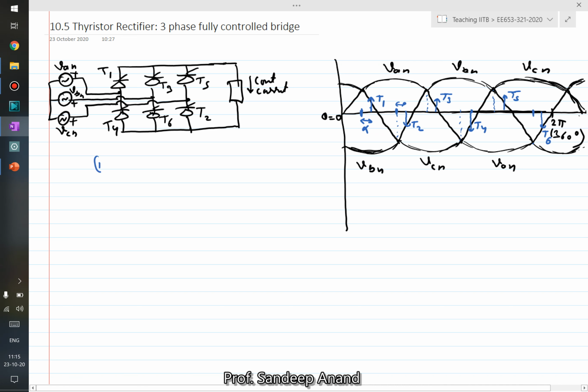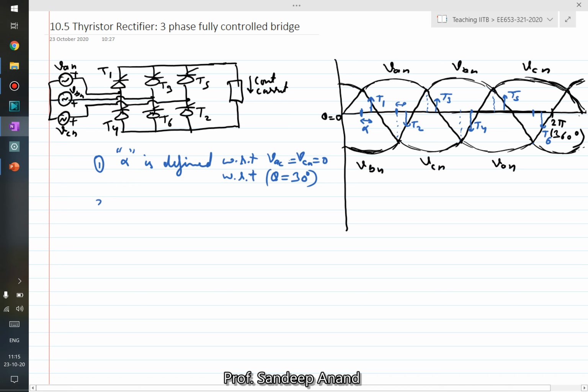So the observations are, the first observation as we made was alpha is defined with respect to the point at which VAC or VCA is equal to 0. That means with respect to theta equal to 30 degrees as per this figure. This is the first observation.